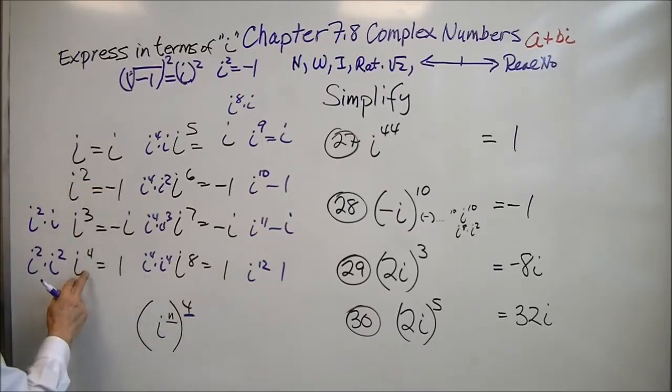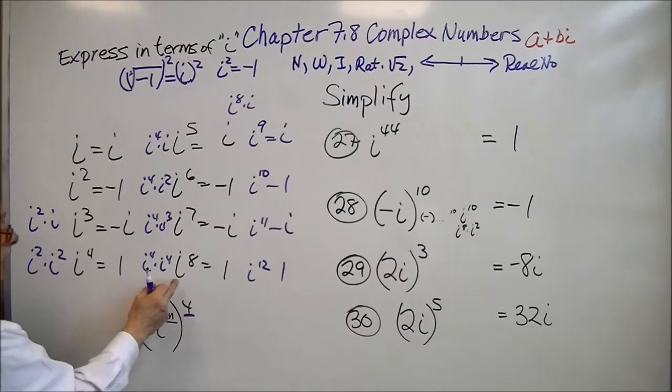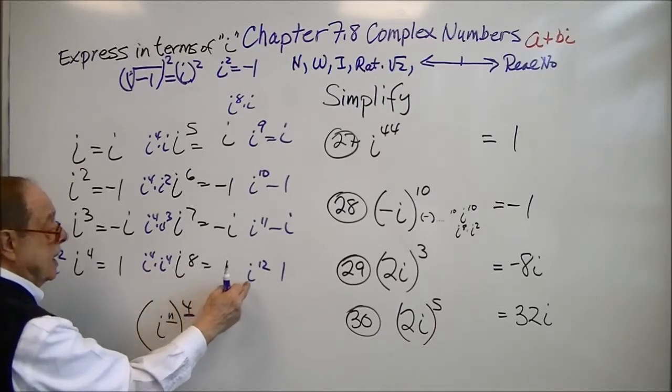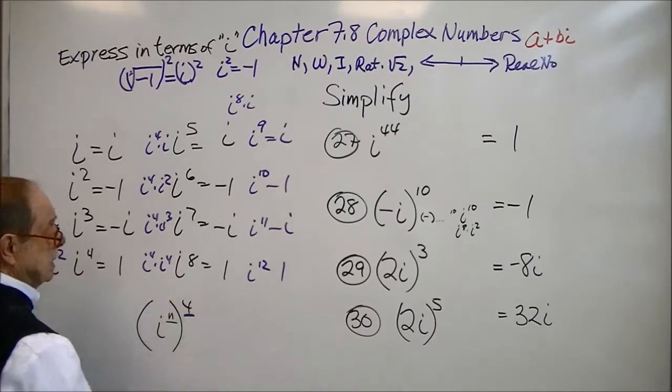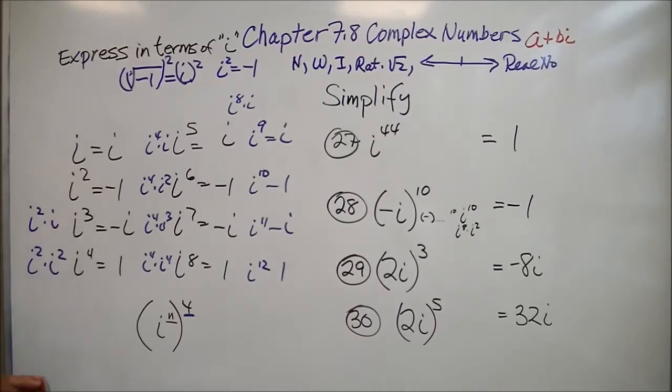And notice, i to the 4th is 1, i to the 8th is 1, i to the 12th is 1. So any fourth power, in a sense, as they are multiples of each other, are just going to be 1.